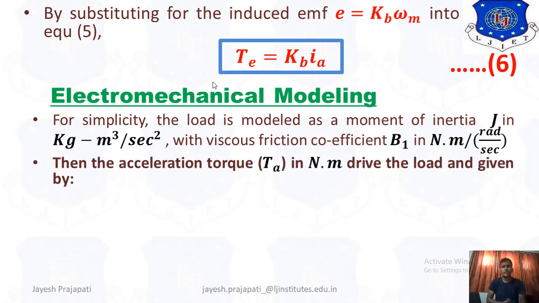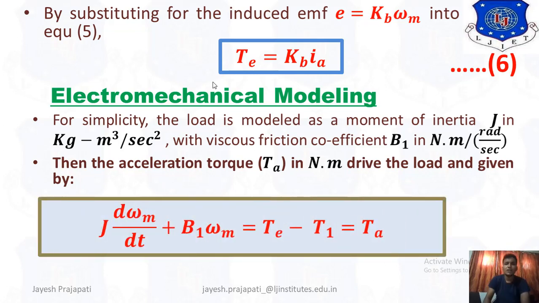Then the acceleration torque Ta in Newton meter, derived from the load, is given by the electromechanical modeling equation: J into d omega m divided by dt plus B1 omega m is equal to Te minus T1 is equal to Ta.